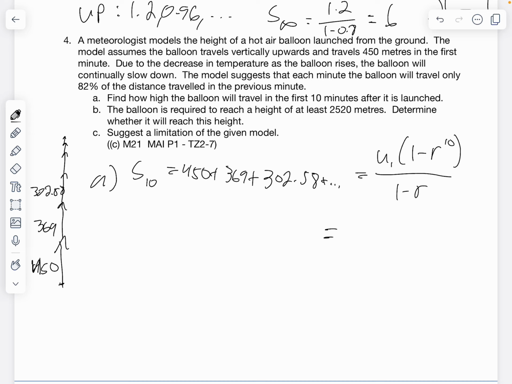So this is going to be 450 times 1 minus 0.82 raised to the 10th divided by 1 minus 0.82, which is, of course, 0.18.